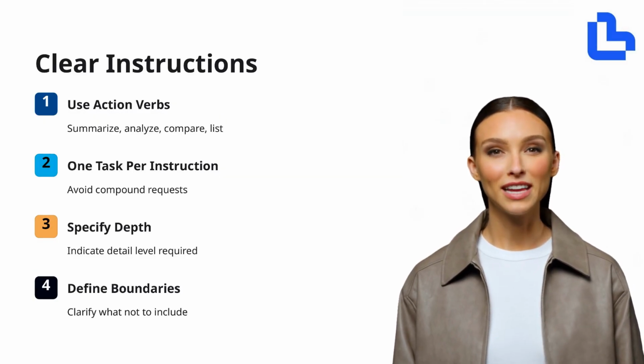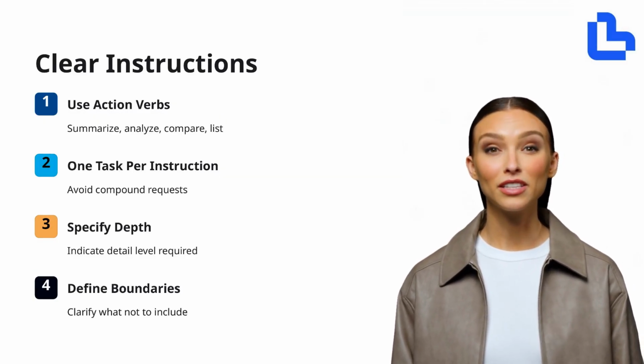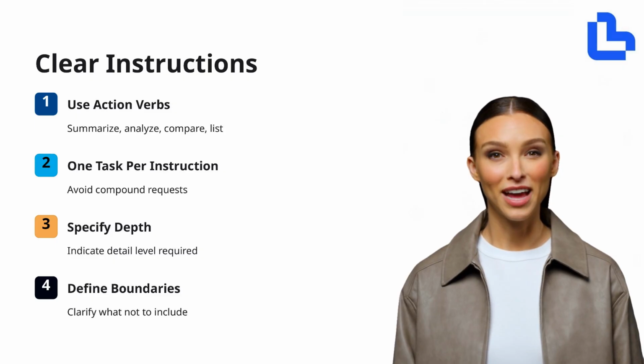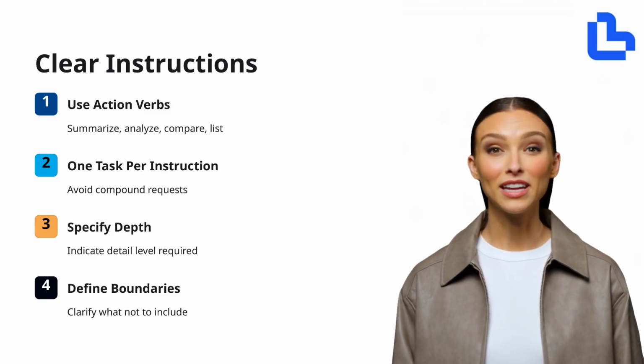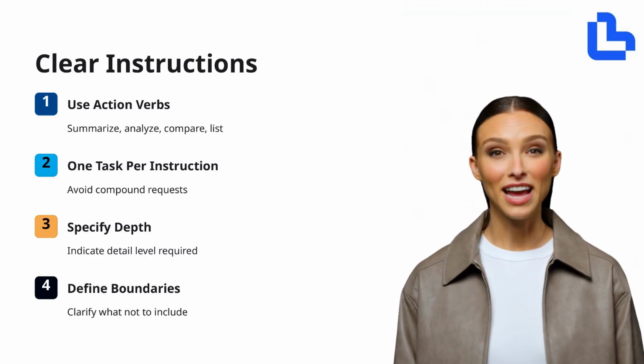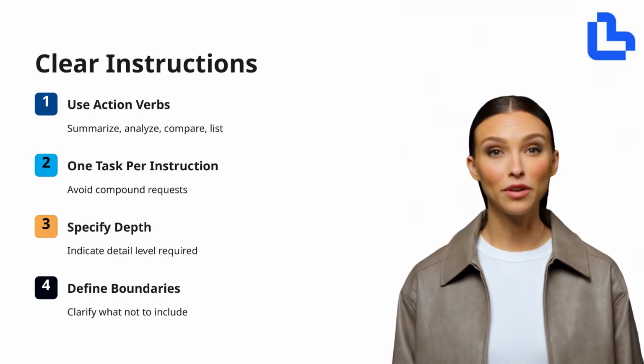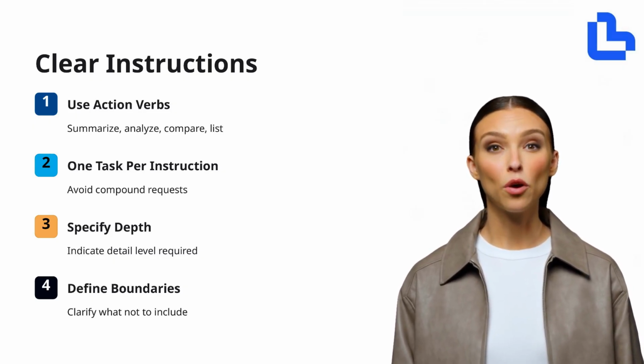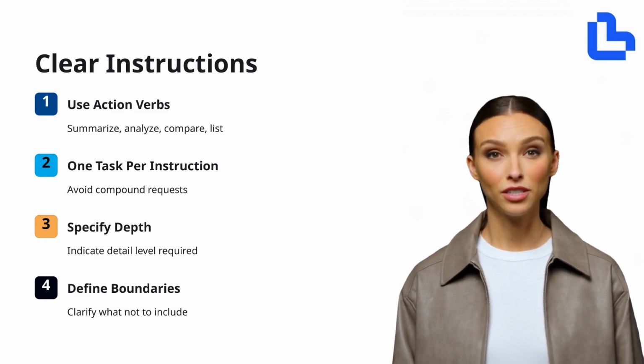Let's move on to the second pillar of prompt anatomy, clear instructions. This is where you tell the AI exactly what you want it to do and how. Think of it like writing a user story or a task ticket. The clearer the instruction, the better the output. Start by using action verbs. Words like summarize, analyze, compare, or list give the AI a clear directive.